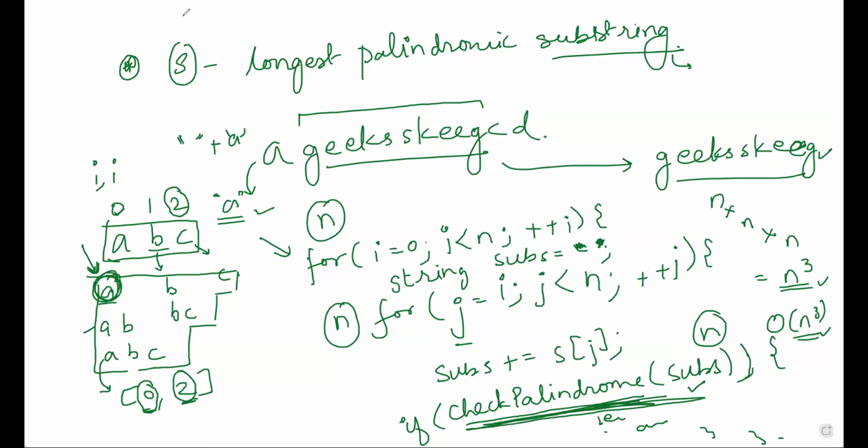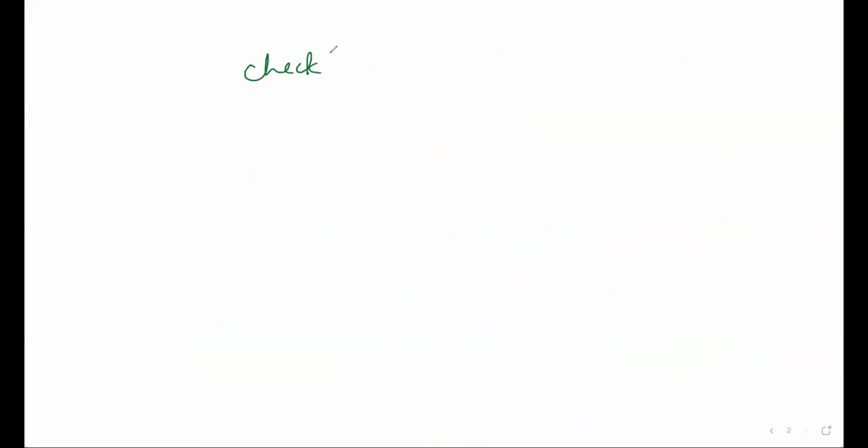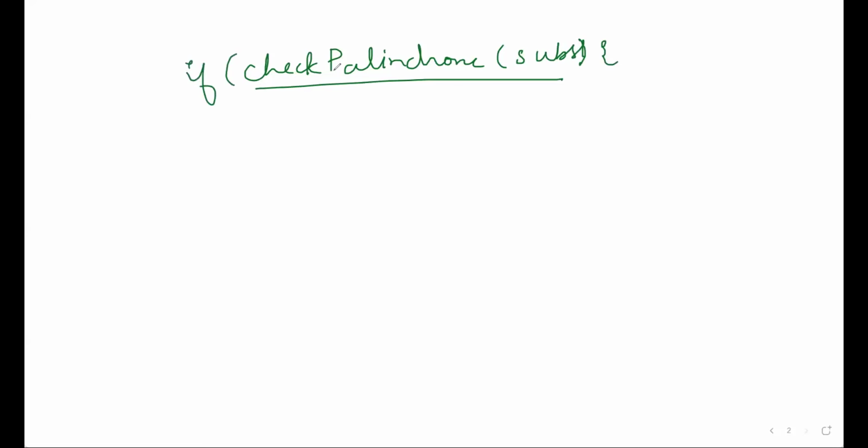I'll write this. Once I'm checking whether a substring is a palindrome or not, I'm passing the substring I currently have. If it is a palindrome, it will return true, because I have created a Boolean function. Boolean means the value can be either true or false.